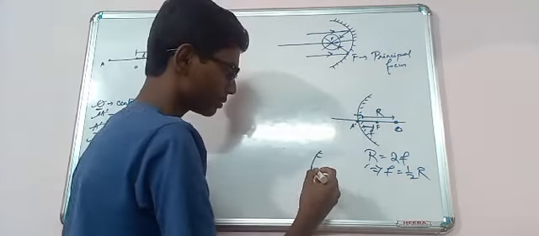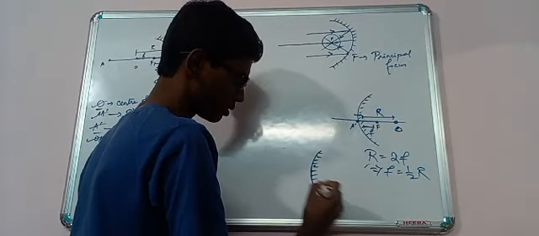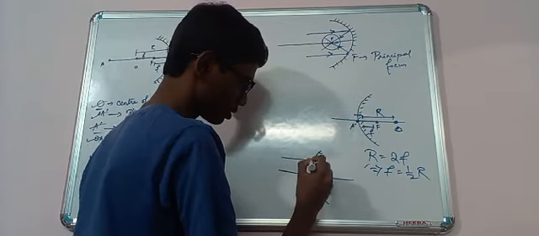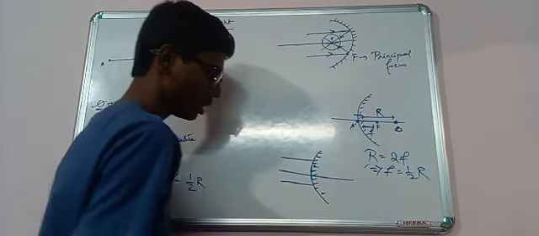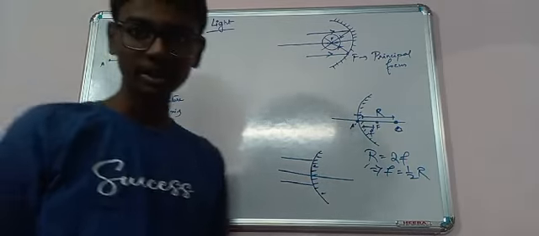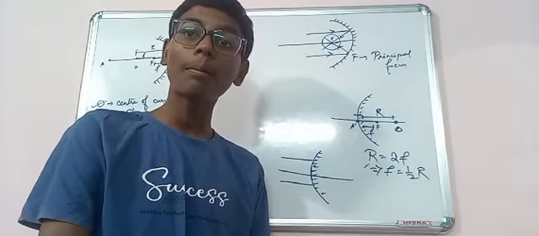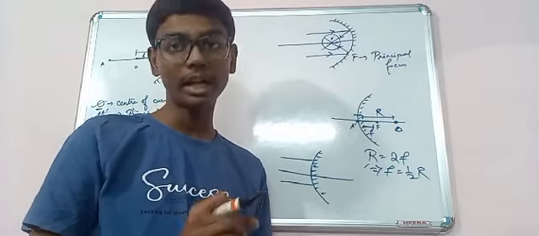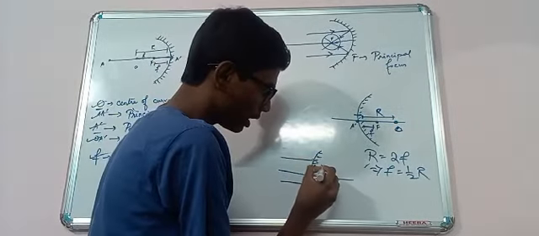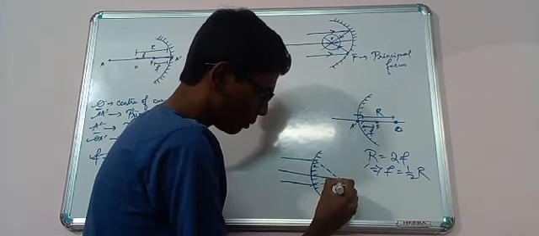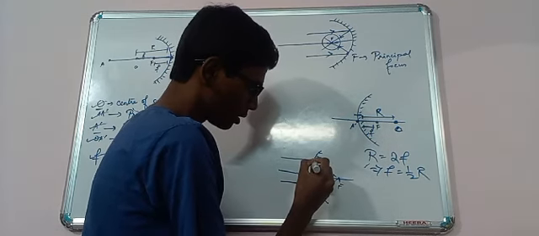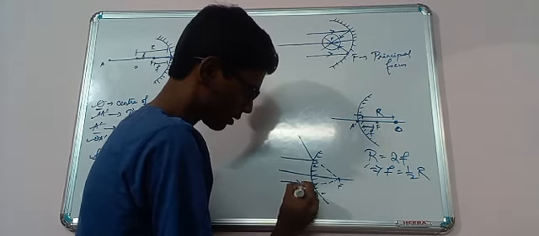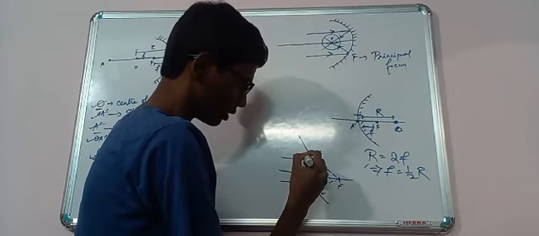Hope it's visible. Now for convex mirror, the light rays appear to converge, but actually they diverge. So it will appear that it is coming from the point called the focus, but actually it will diverge like this, maintaining laws of reflection.